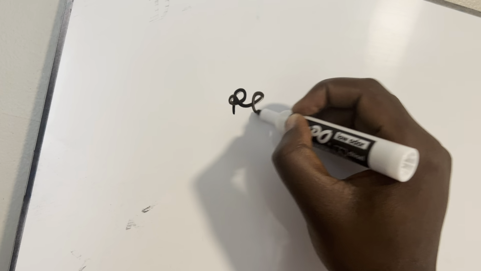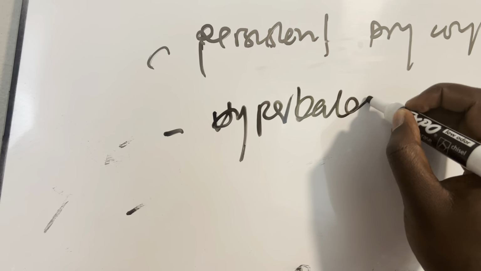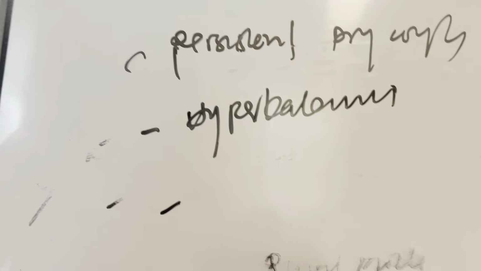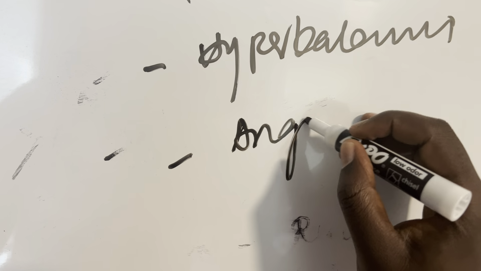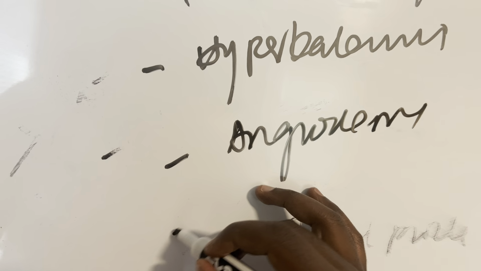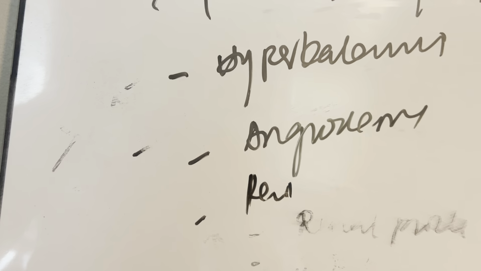So side effects, they commonly cause persistent dry cough, and then hyperkalemia, high potassium levels in the blood, angioedema, and then renal impairment, and then hypotension.